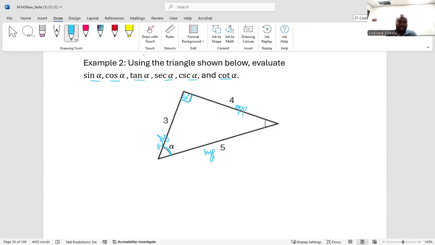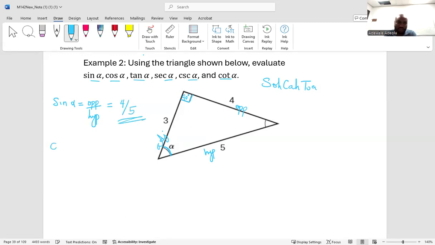Now, let us quickly find sine of alpha. Sine of angle alpha is opposite over hypotenuse, again from SOHCAHTOA. Opposite is 4 and hypotenuse is 5.